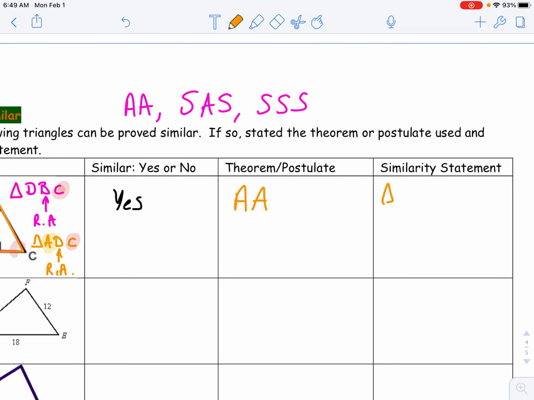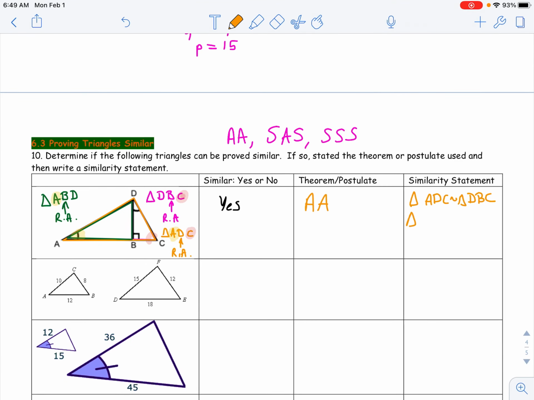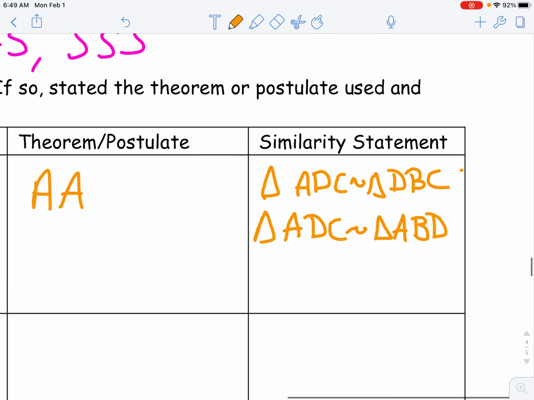We can write triangle ADC is similar to triangle DBC. And we can write triangle ADC similar to triangle ABD. All right, so those two triangles are similar by angle, angle.